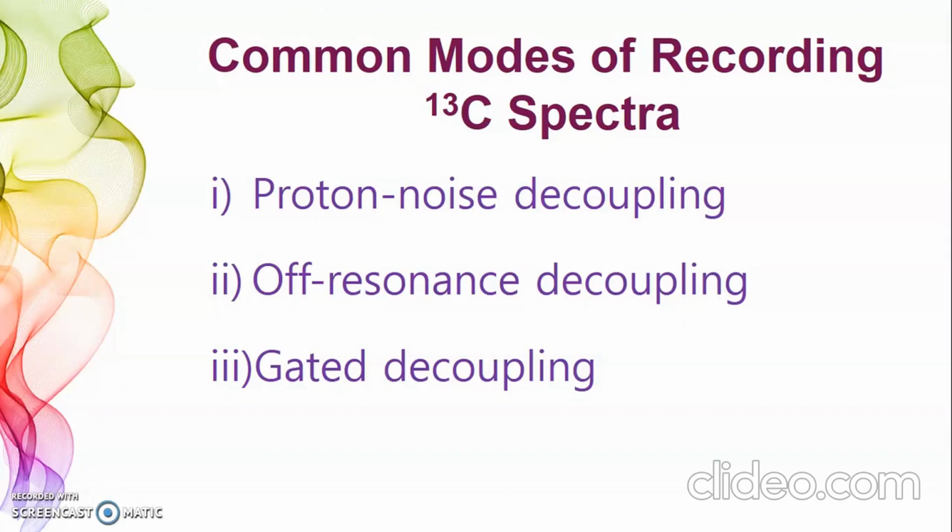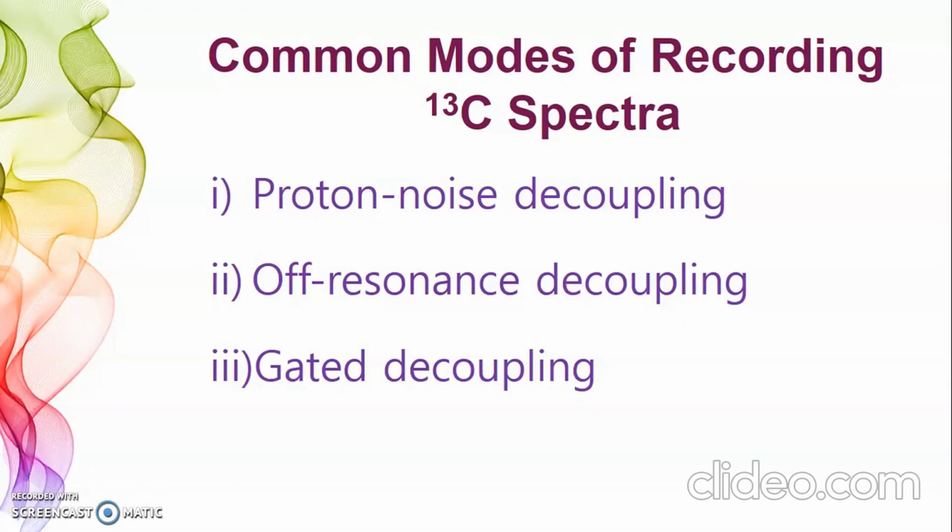In this mode, all the protons in the molecule are decoupled from the carbons. This is done by irradiating the sample with the noise decoupler at the H1 frequency, that is the proton frequency, while observing the spectrum at the carbon-13 frequency.